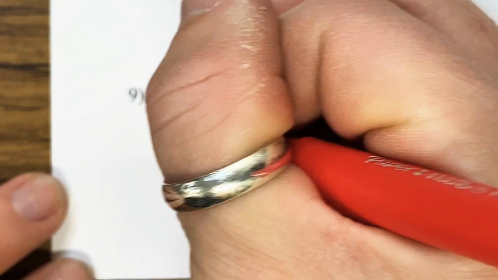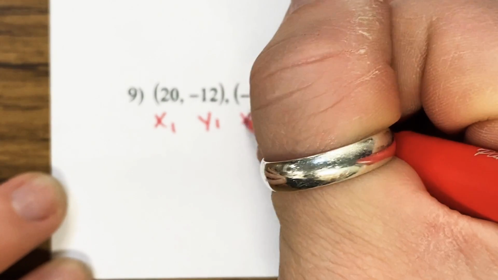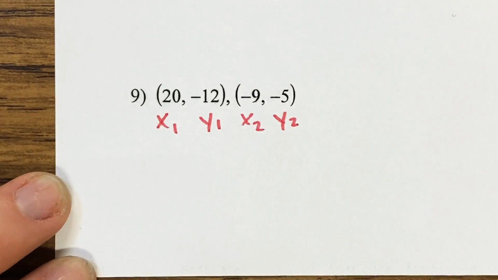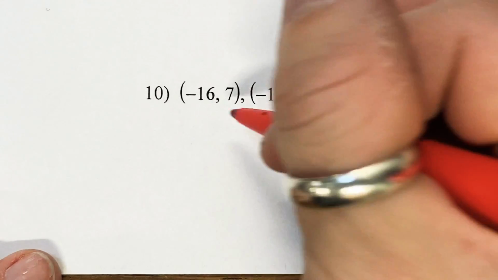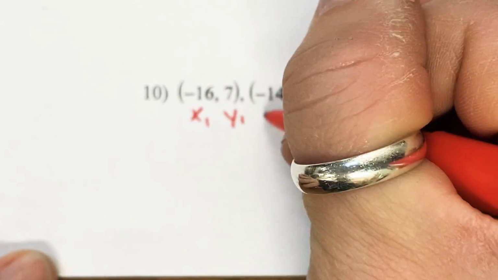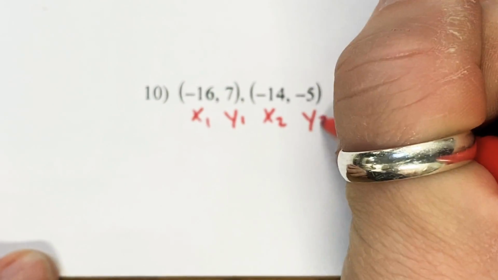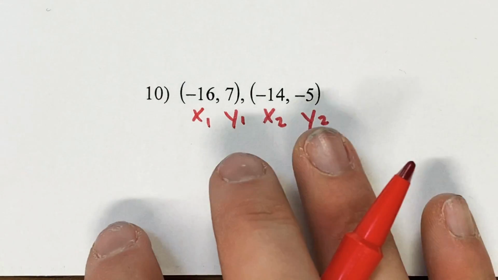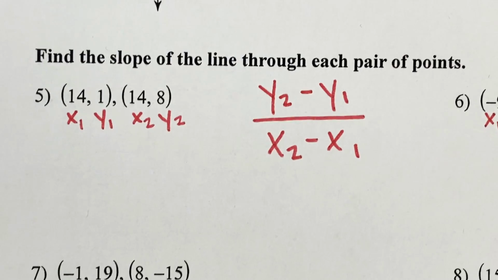Number 9, x1, y1, x2, y2. And number 10, x1, y1, x2, y2. Okay, so we have them all labeled, so that's going to actually help us solve.